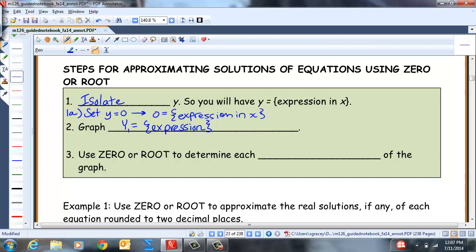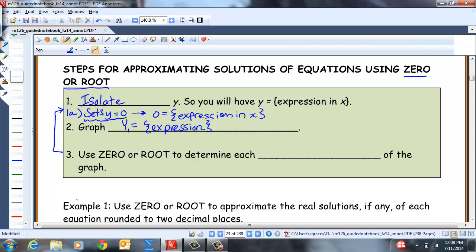So by doing this, you're not really setting y equal to 0 until you use this command right here on your graphing calculator. So when you do this part, what we should say is this step sets y equal to 0. So 0 ends up being some expression in x, and that's what you find in step 3.